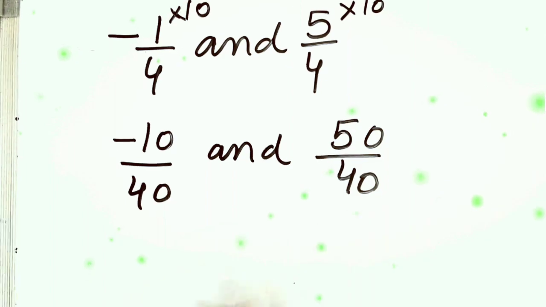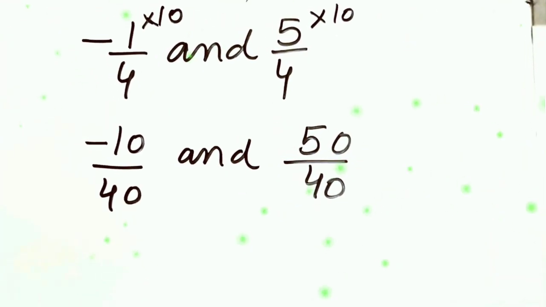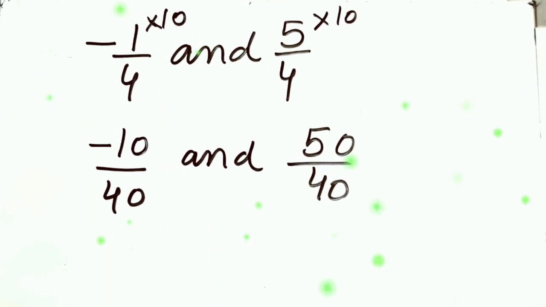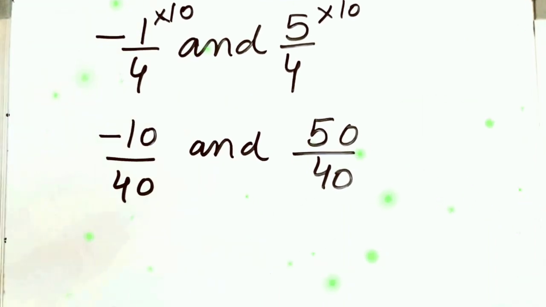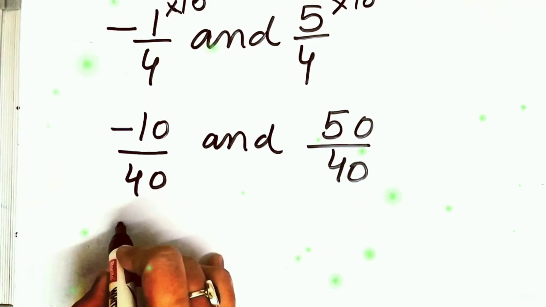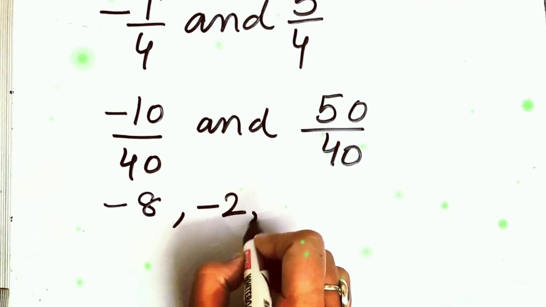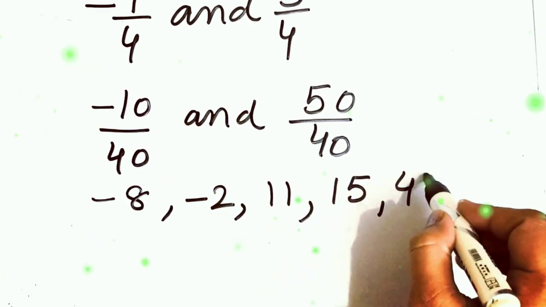Now again these two are like fractions, right? And we know that between -10/40 and 50/40 there are several numbers, ranging from -9 till 49. We can write any numbers that we want. Okay, so let us take any 5 numbers. Let's say -8, then -2, 11, 15, 44.